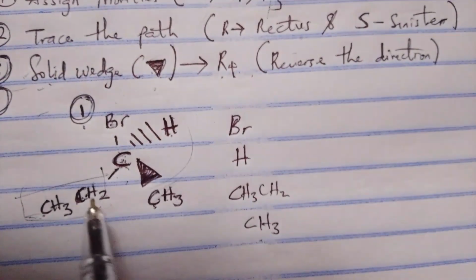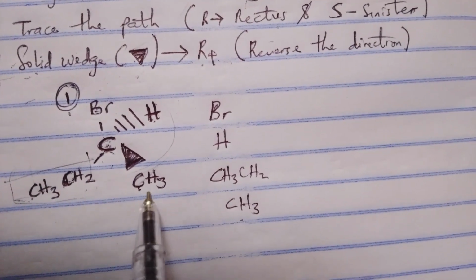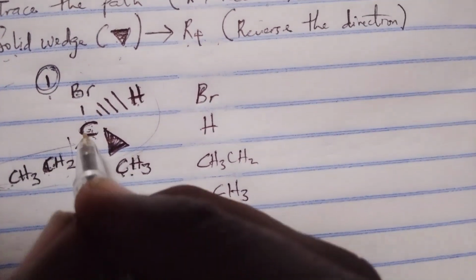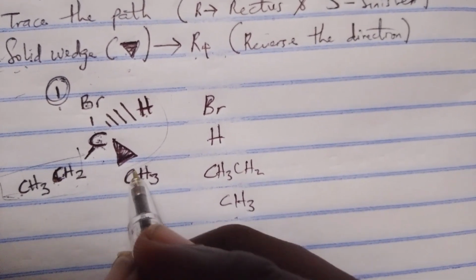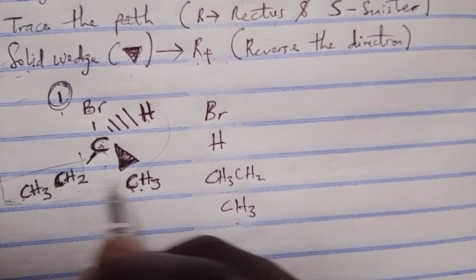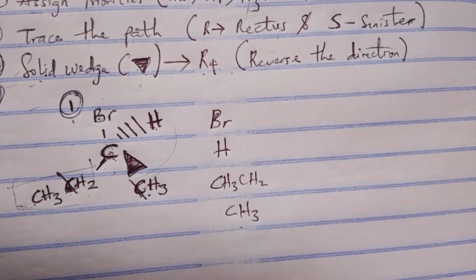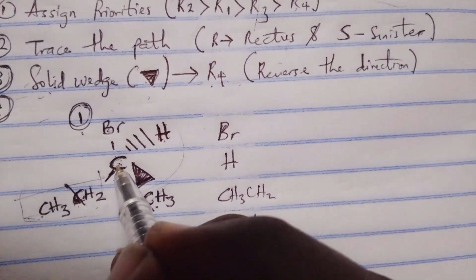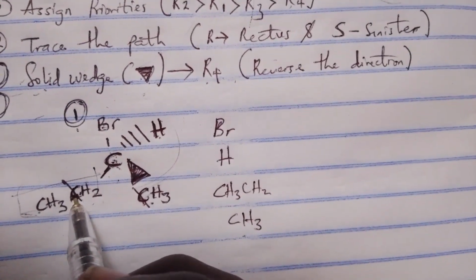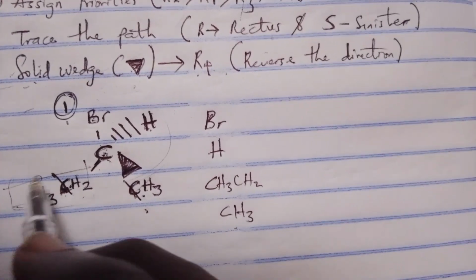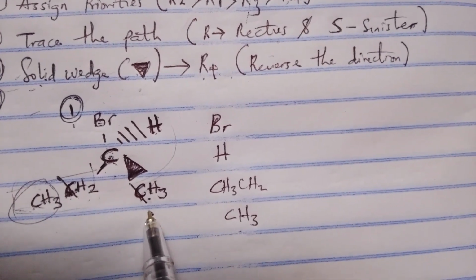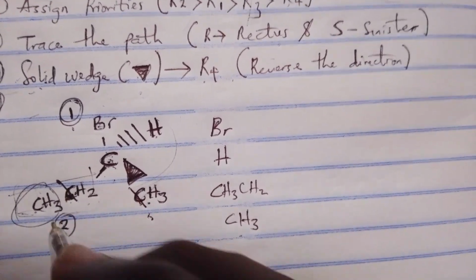But now positions 2 and 3 are between these two. The carbon here is directly attached to this carbon here and directly attached to this carbon here. They have the same atomic number. Cancel out. So this carbon here is attached to this one here. This one here is not attached to anything. Hence this one has priority over this one here. Hence this one will be our number 2. That's just the concept there.